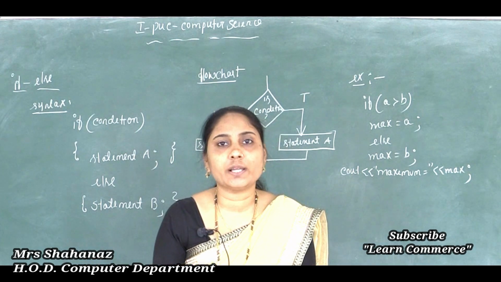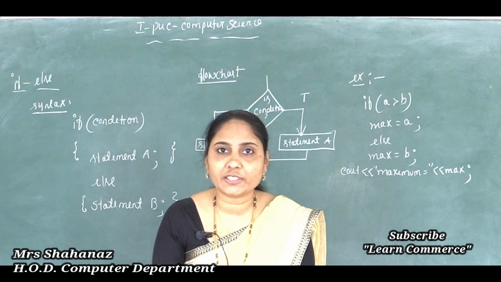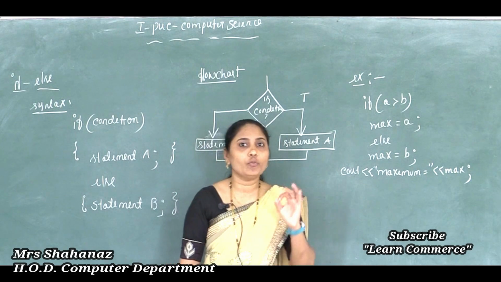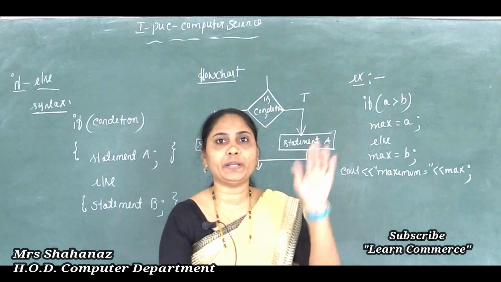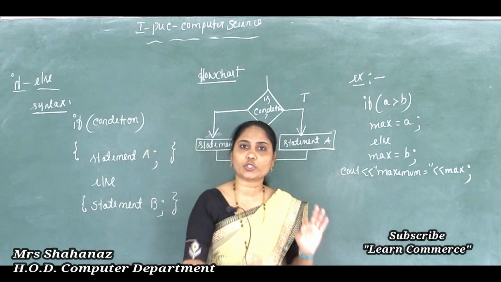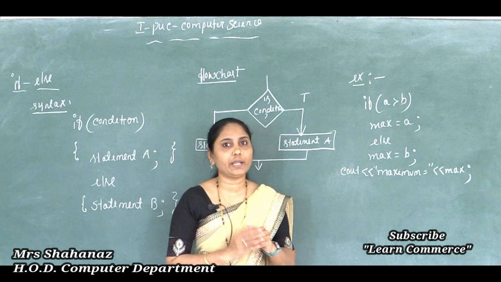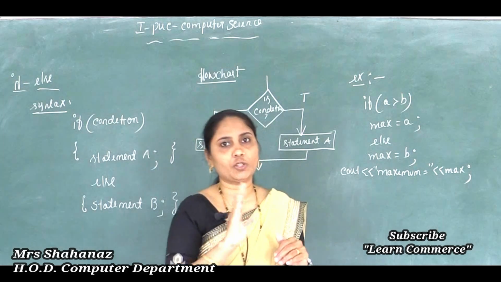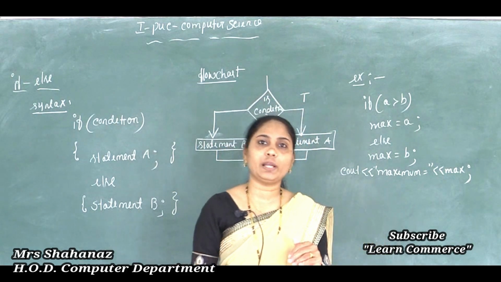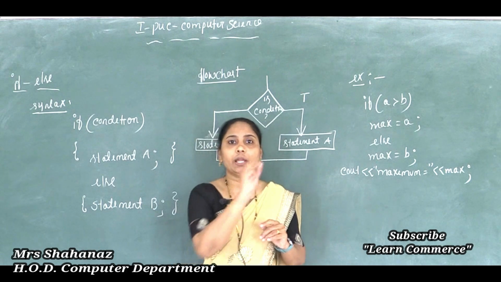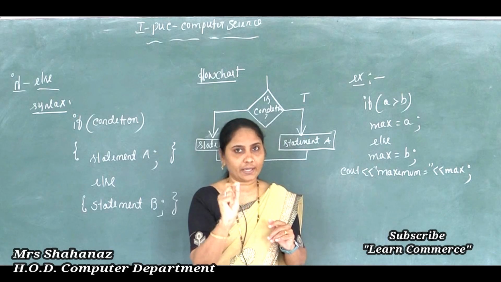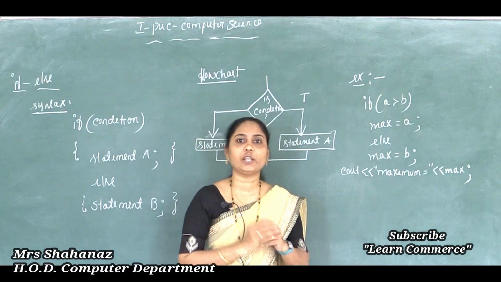Okay, we know the meaning of the simple if. This structure is also called the one-way branch decision structure, and this structure helps the programmer to decide whether a particular statement, depending on the condition, is going to execute. If the condition is true, it executes the statement. If the condition is false, it does not execute the statement. So this is called the simple if. We know the syntax of the simple if: if condition, statement. Correct? And we also completed the flow chart here.